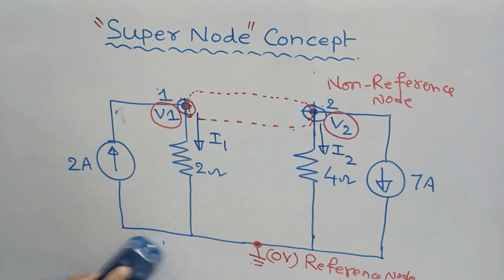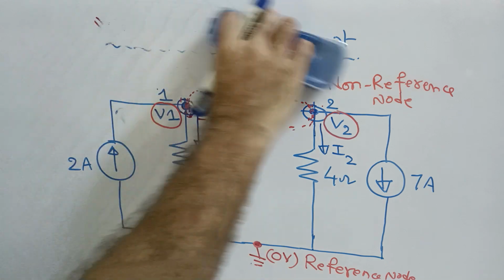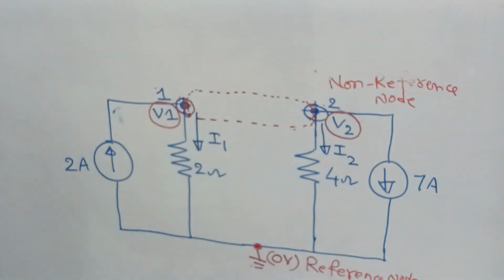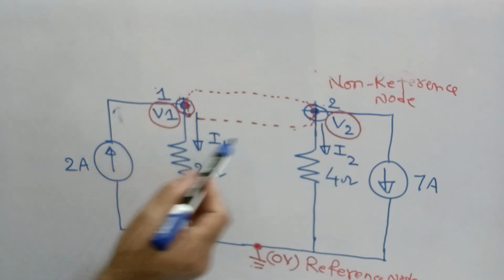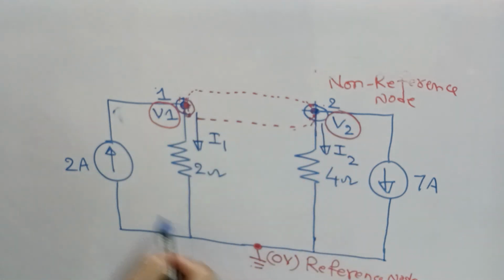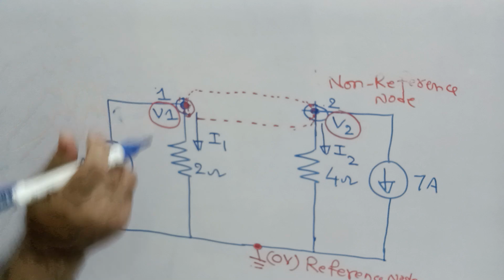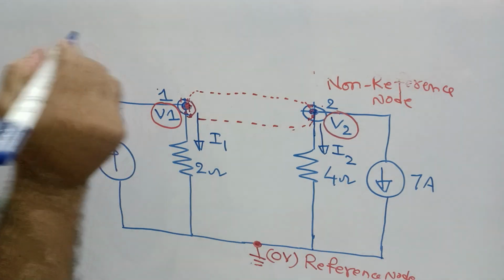How will the KCL be applied? I am erasing this part and I will write the equation here. For this whole circuit we have to apply the KCL. Upon the application of the KCL, I can write a complete KCL equation like this.